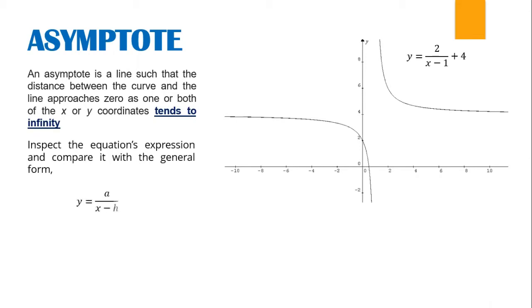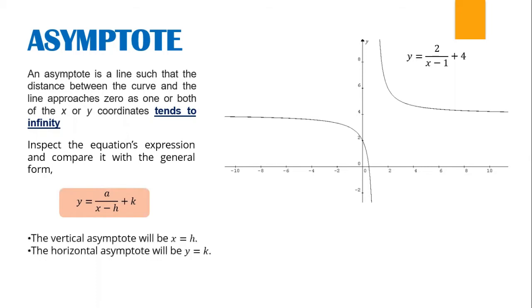To find the asymptote, you have to construct or rearrange the function to the form y equals a over x minus h plus k. That's the first step. Is it clear to everyone?